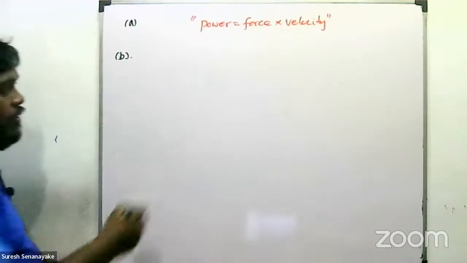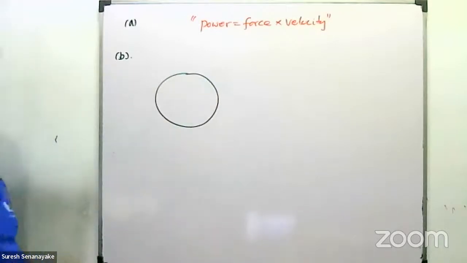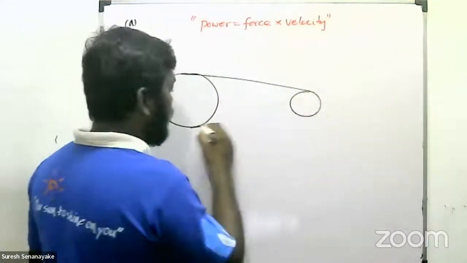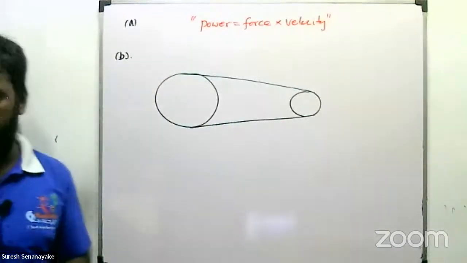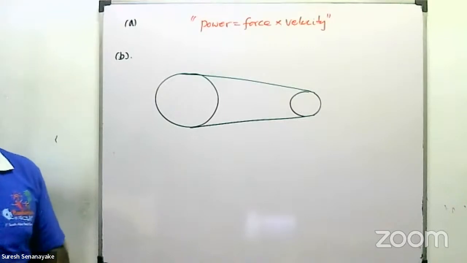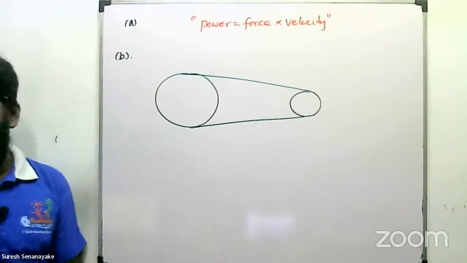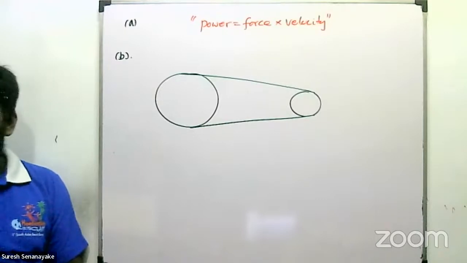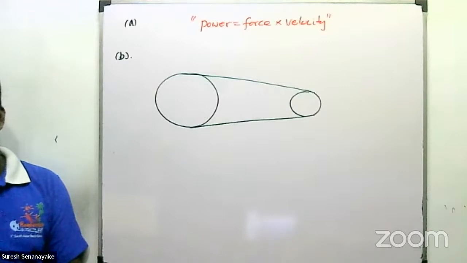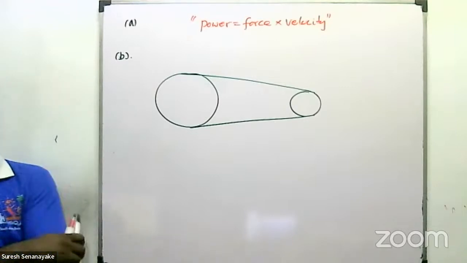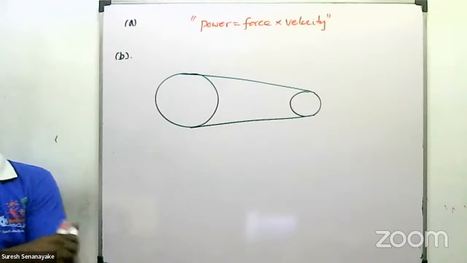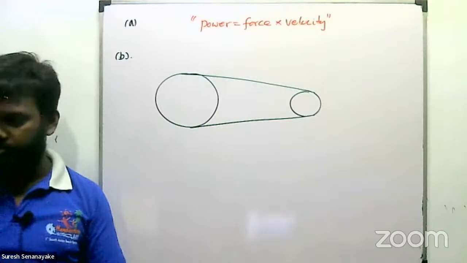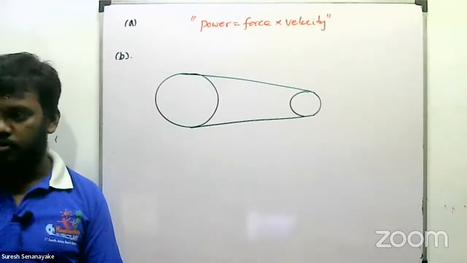Write: the water wheel is rotated by the water flowing through a canal, and it is connected to an electric generator.